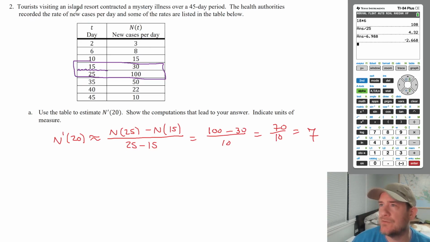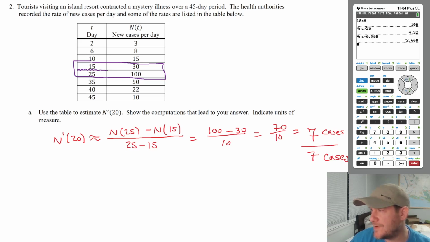Health authorities record the rate of new cases per day, so this is going to be 7 cases per day per day, which you could literally write that way. But that seems a little weird. Let's just say 7 cases per day squared. That's the notation we've been using. Let's stick to it.